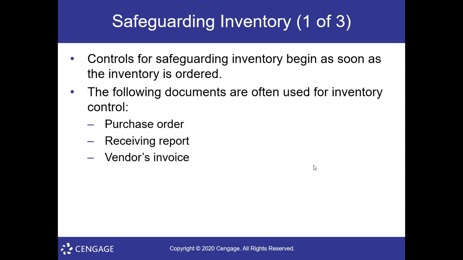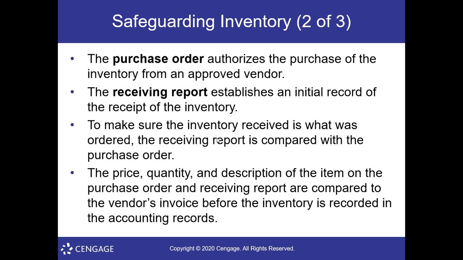So as long as the quantity ordered is in fact the quantity received, is in fact the quantity charged on the invoice, and the agreed upon price on the purchase order matches the invoice, then the invoice is authorized for payment. So that's what this says.